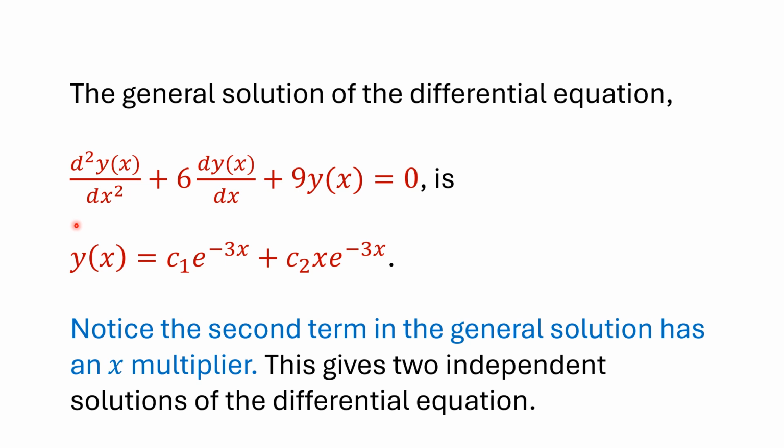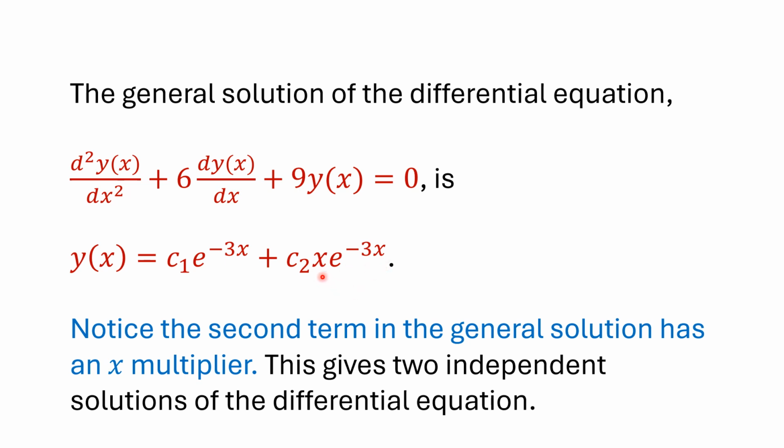So the two independent solutions are y equals c1 e to the -3x, just like we had in the earlier example, plus c2 x e to the -3x.